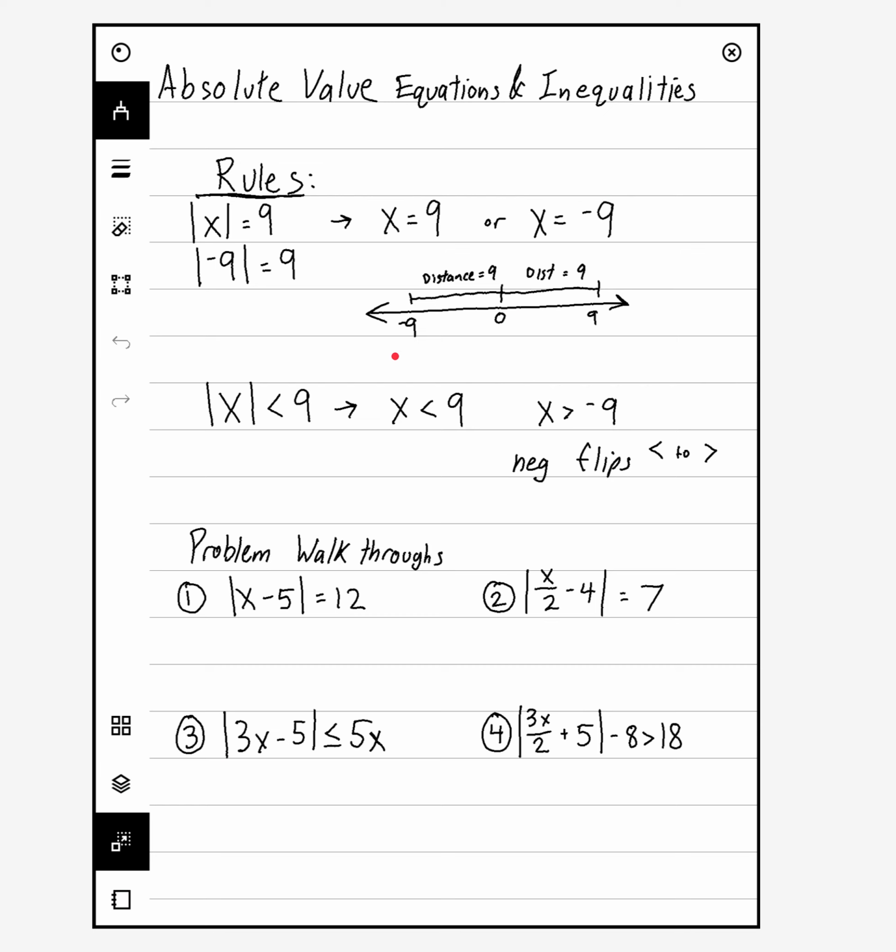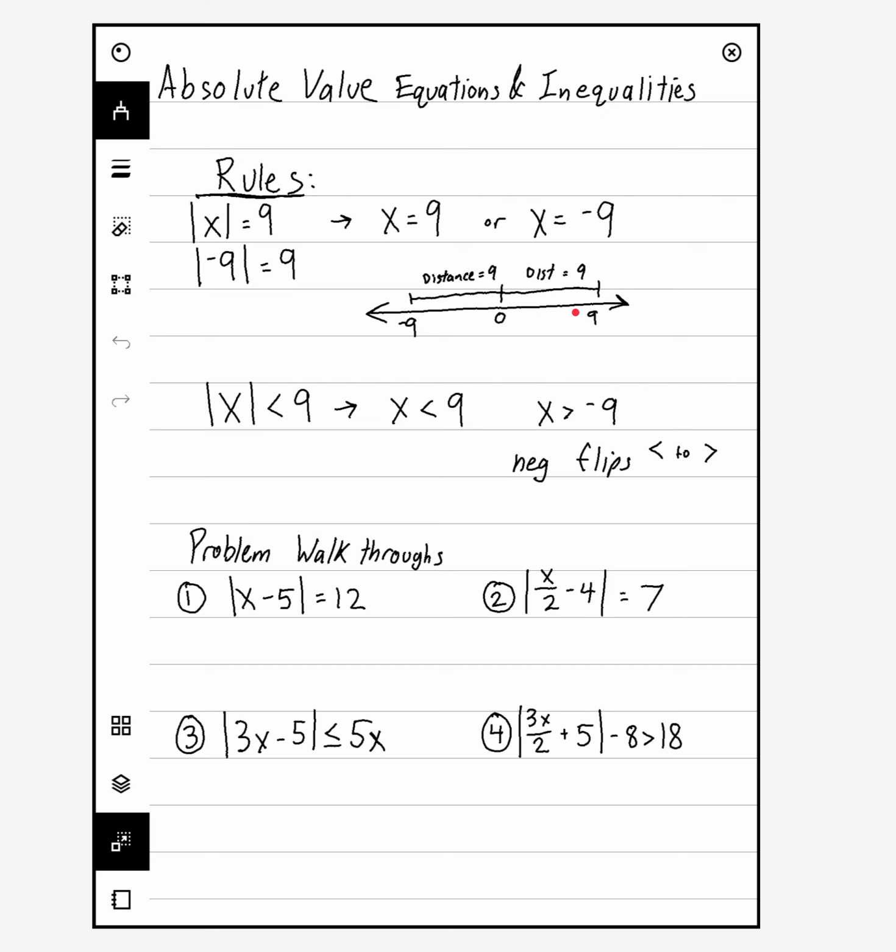If the distance x is less than 9, it has to be less than 9. Same thing here. That also means that x has to be greater than negative 9, right? Because negative 9 is here. Another number over here would be negative 8. Negative 8 is greater than negative 9.